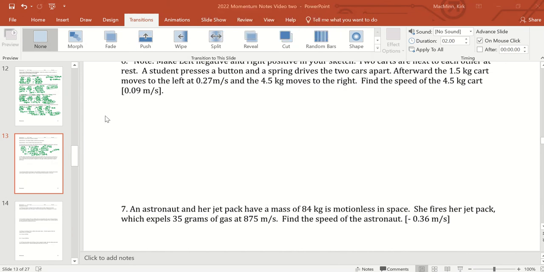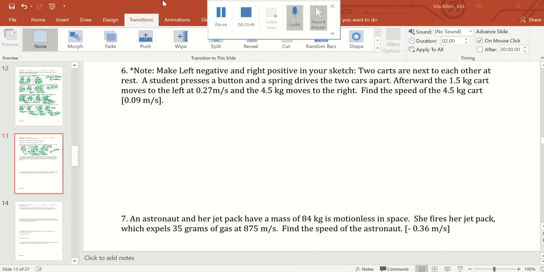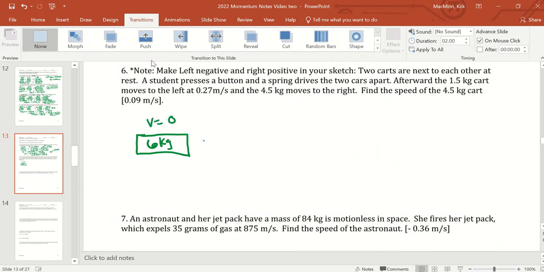Okay, we have another example here of a recoil collision. So we have a 1.5 kilogram cart and a 4.5 kilogram cart that are initially right next to each other. And so when they're connected, their combined mass is going to be 6 kilograms. And they're at rest, so their initial velocity is 0. The student presses the button, and the two carts are then going to be driven apart.